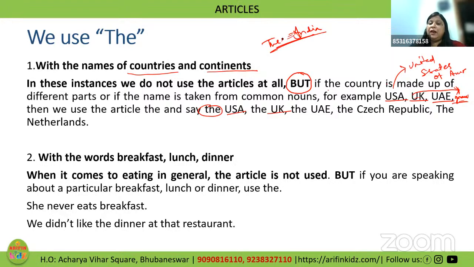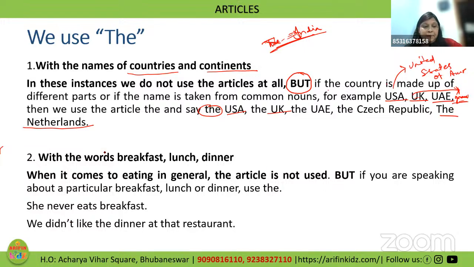Because we do not have this kind of united and all these kind of things before the name. But there is an exception. What is the Netherlands? This is the only country where you use the before the name of the country. Right? 37 continents. My God, which planet are you on, Nishit?